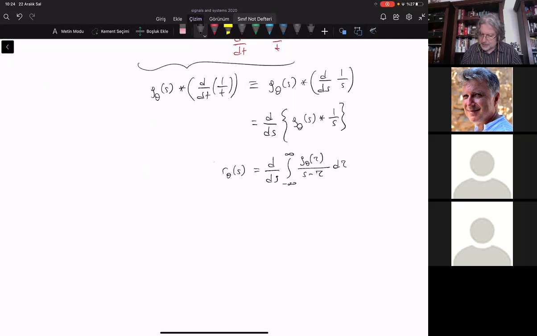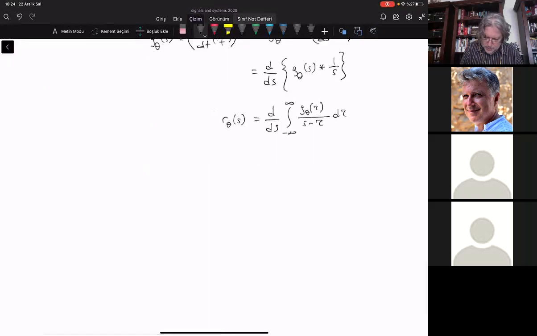If I put that r theta of s back into the equation of what is f of x and y, it's equal to 1 over 2 pi, the larger integral outside, from 0 to pi, r theta of s d theta. Okay. And that is 1 over 2 pi from 0 to pi. I'm just going to write it in an explicit form.